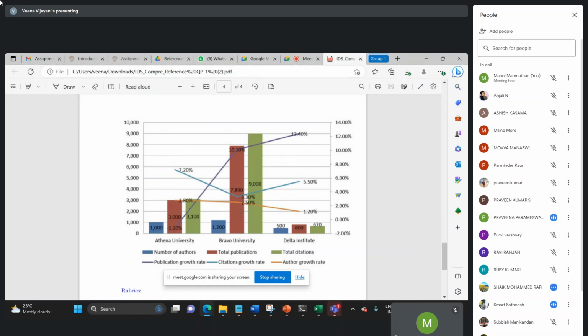Number of authors, total publications and total citations. Total publications can be shown as a circular graph, which is called a pie chart. I don't think it's required because we are comparing three different elements in the same graph. So it's the right way to describe it.